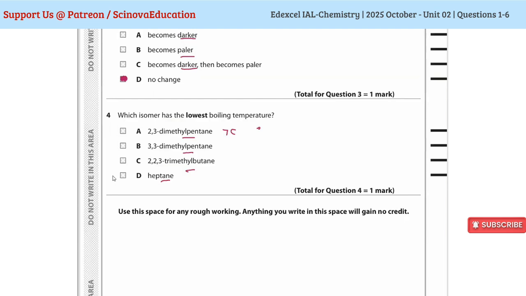Van der Waals attractions depend on the surface area of the molecule. The higher the surface area, the higher the van der Waals interactions. The surface area depends on the carbon chain length and the extent of branching.